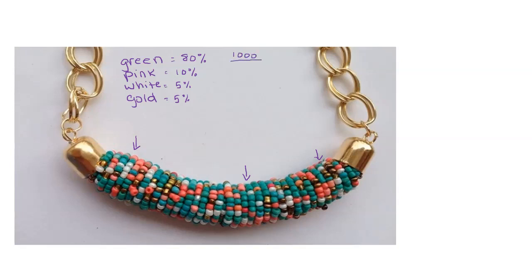Okay, so we would say, well, 80% of 1,000, we could figure that out with our calculator, or we could just do mental math and know that if we're using 1,000 beads, 0.8, which is 80%, so up here I'm just going to write in 0.8, very little.